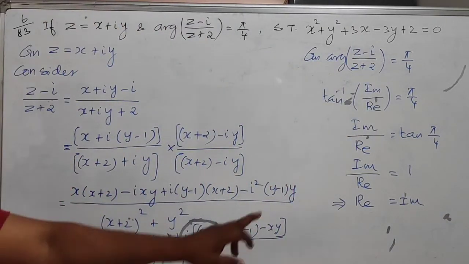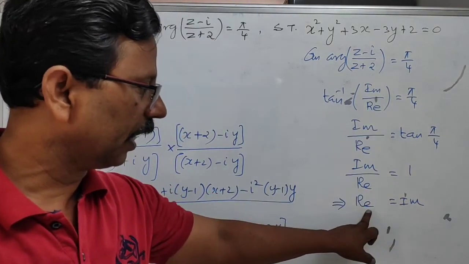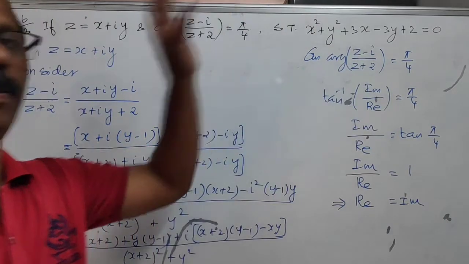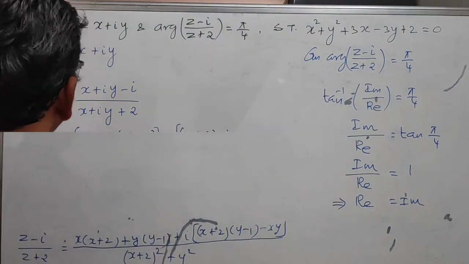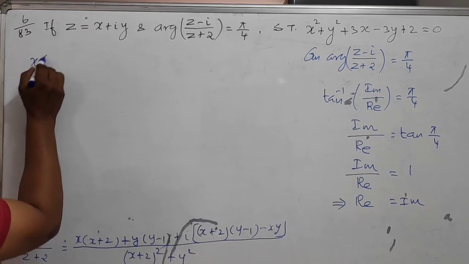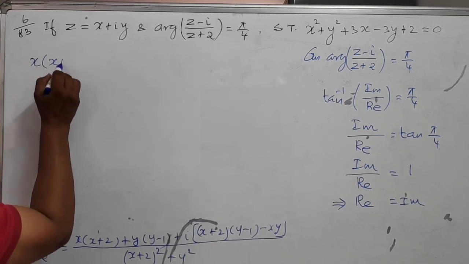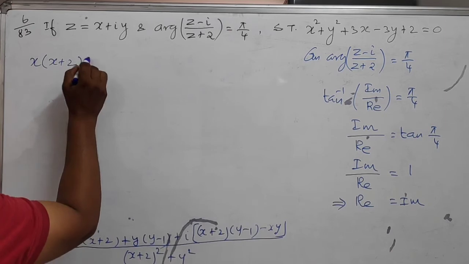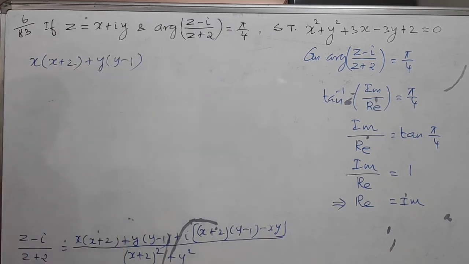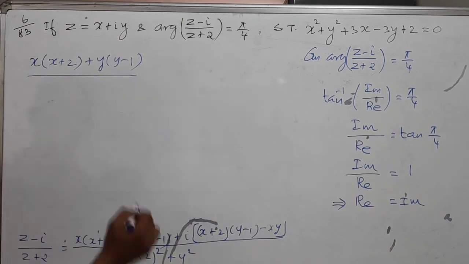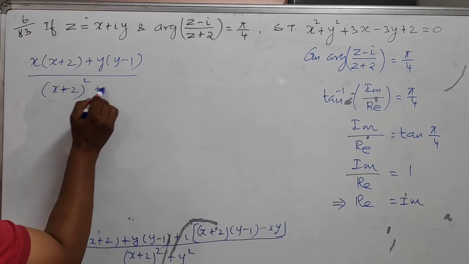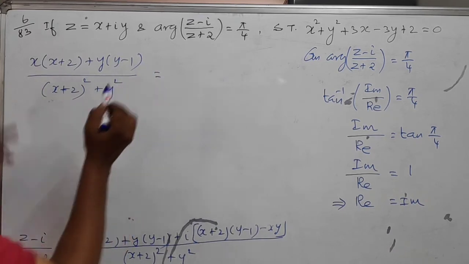Therefore, based on this condition we have to equate the real part and the imaginary part of this complex number (z minus i) by (z plus 2). The real part is x into (x plus 2) plus y into (y minus 1) by (x plus 2) whole squared plus y squared.